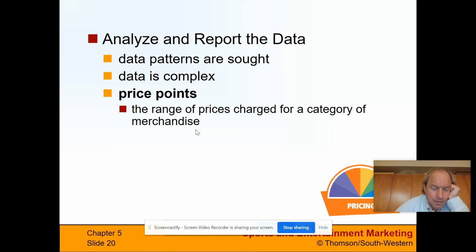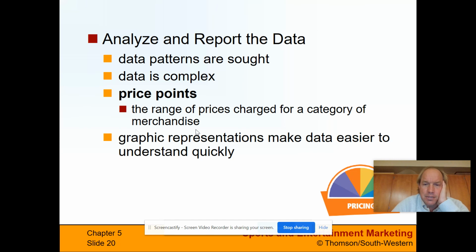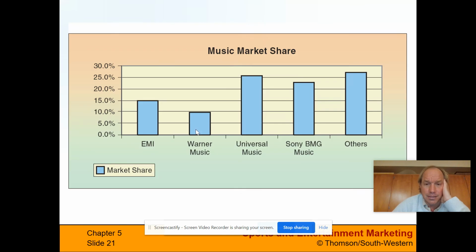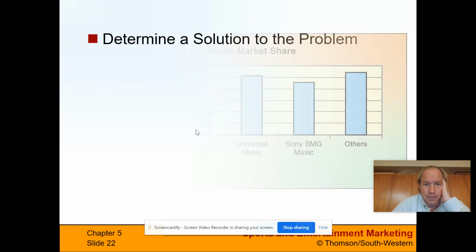You can make them much easier to hook up to game systems and sound systems and whatnot. So there's going to be a range of price points. Graphic representation makes data easier to understand. Charts and graphs can break the data down, such as the one that you see here.